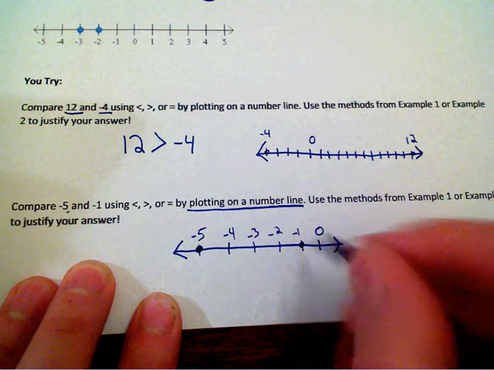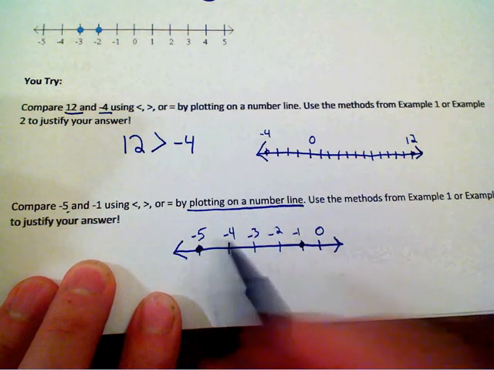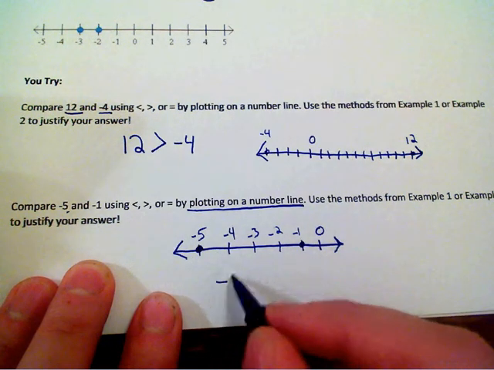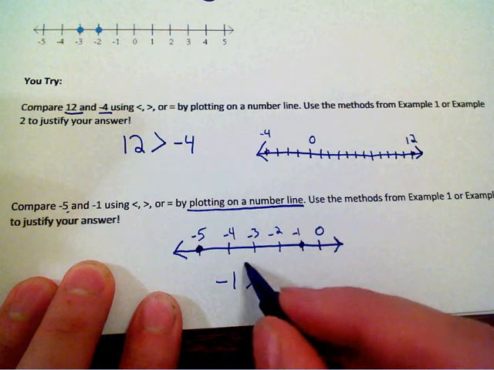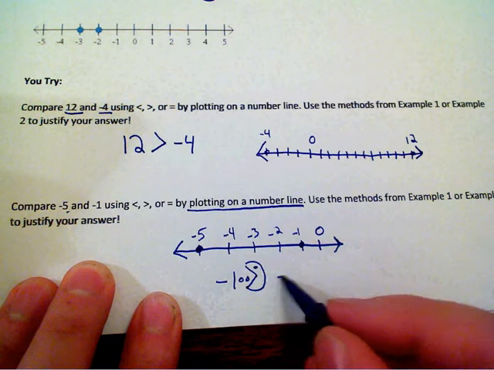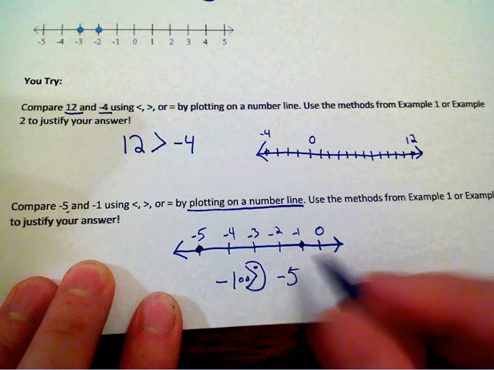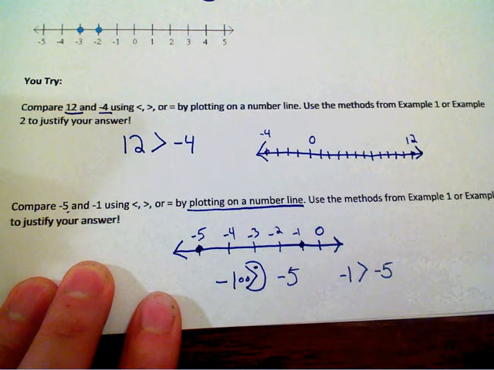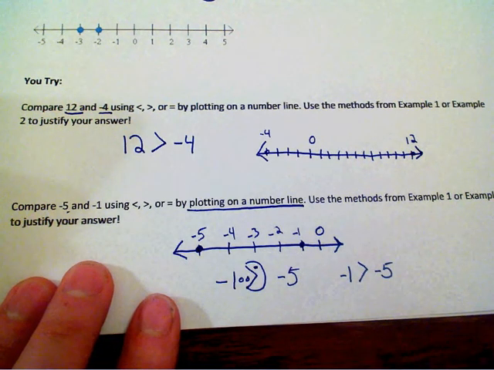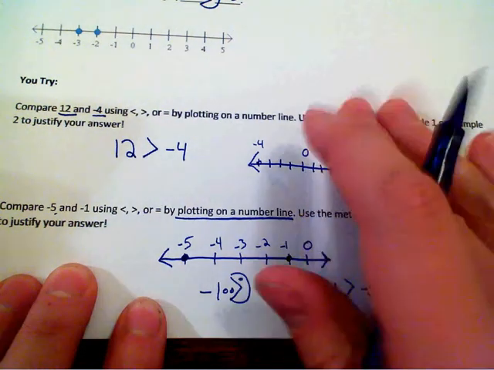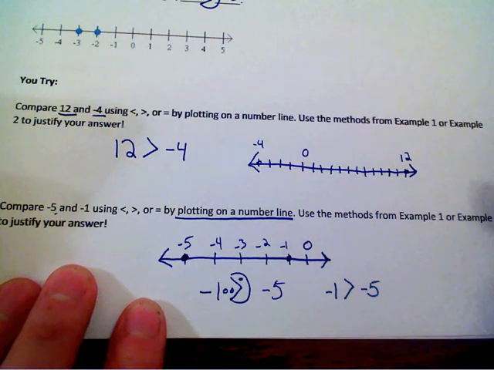I have -1 here, -5 here. Because -1 is further to the right, I know that -1 is greater than -5. If you don't like using the Pac-Man, here's how it would normally look. So pause, take a look at that, and determine that you got these two answers correct and that you can justify your answer so that you've explained it as we're going through.